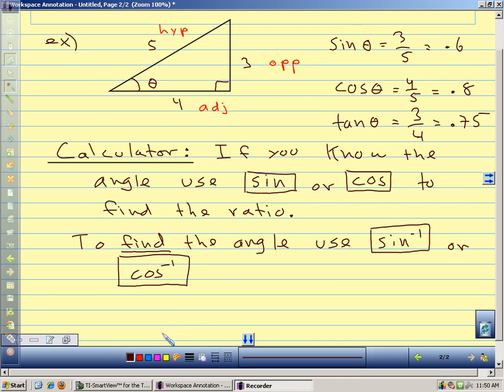So if we want to find the angle, we use the inverse button. And the button that we choose depends on which parts of the triangle we know. So we'll look at a couple of examples.